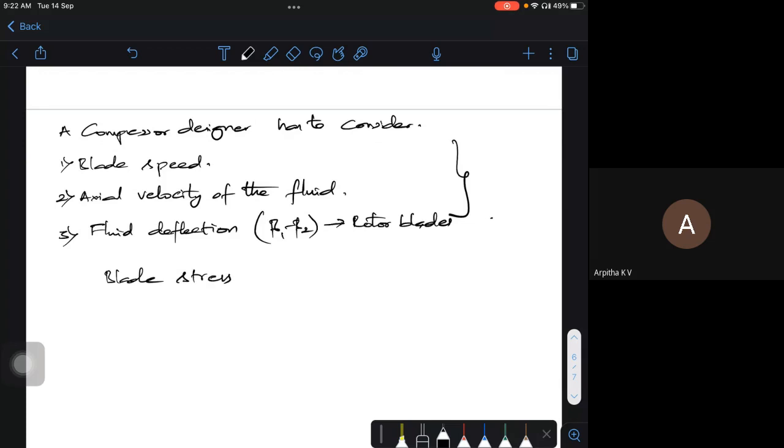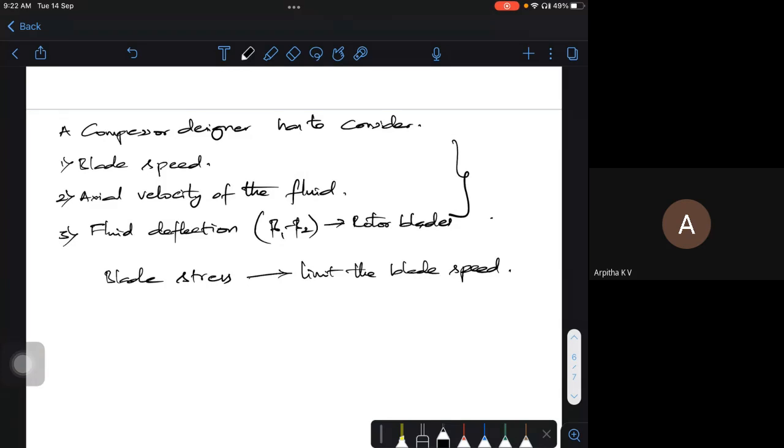When you have blade stresses, this will limit your blade speed. Now, what is the effect of it? It will have an effect on your beta.